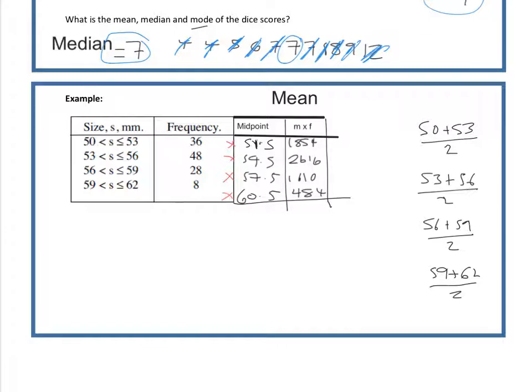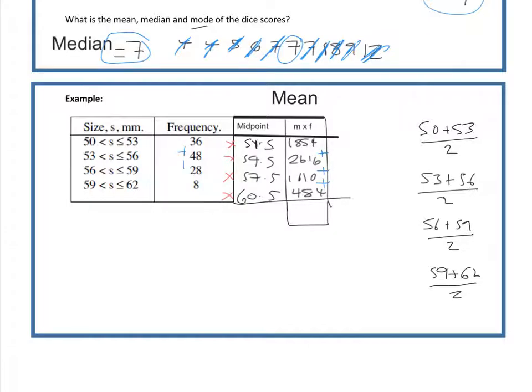So I've calculated all of those. That's just by multiplying each number. 36 times 51.5 gives us this. Those two gives us that. So just multiplying across. Then finally, we need to add up the total leaf length. So we're going to sum this column. So we're going to add all of these values together. And we also need to know the total frequency.